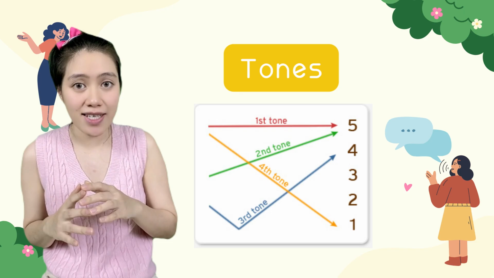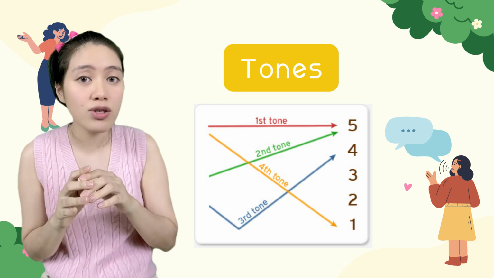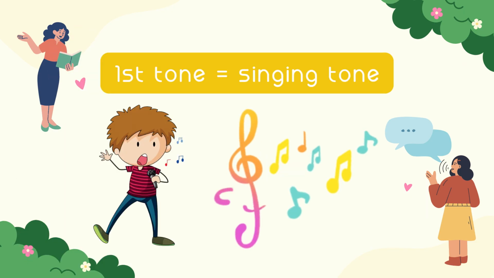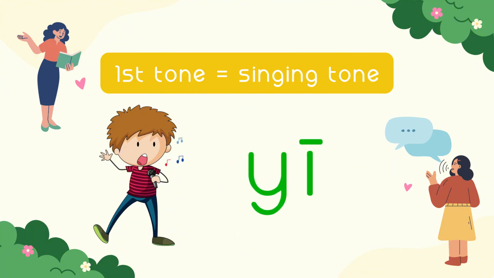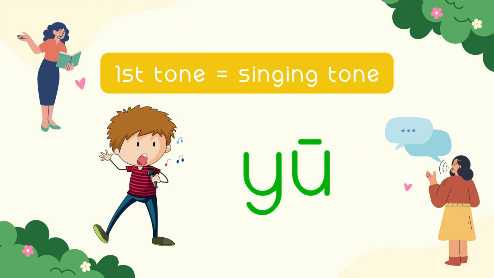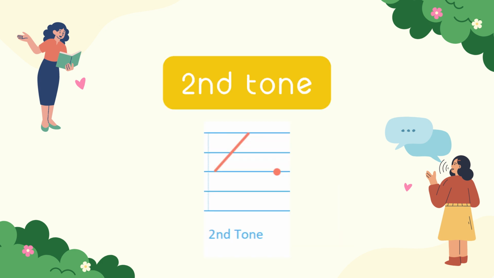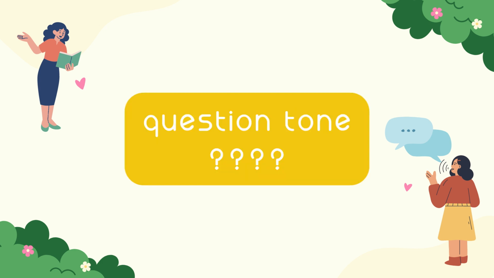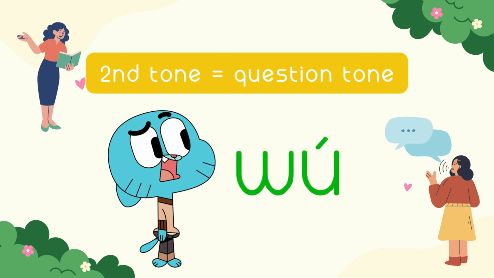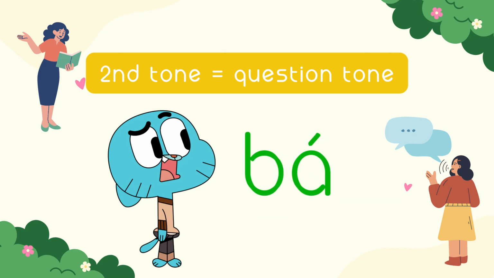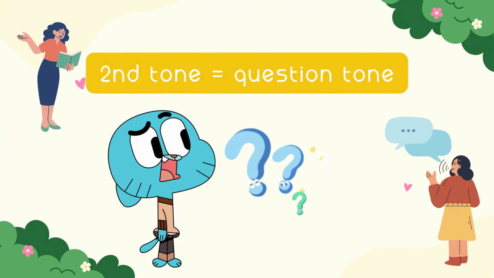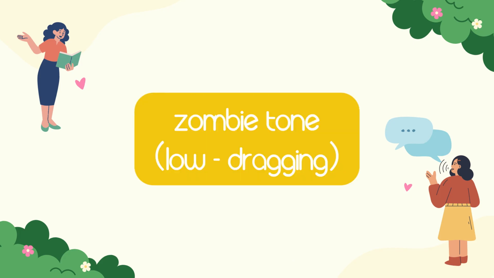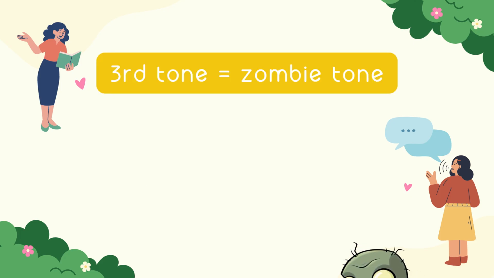In Mandarin Chinese, there are 4 main tones and 1 neutral tone. First tone, the singing tone. Second tone, the question tone. Third tone, the zombie tone, low and dragging.